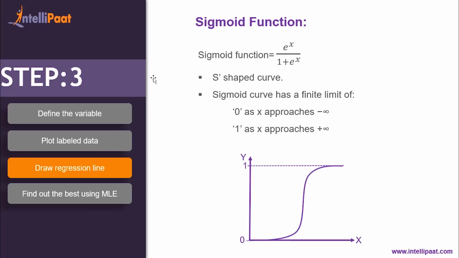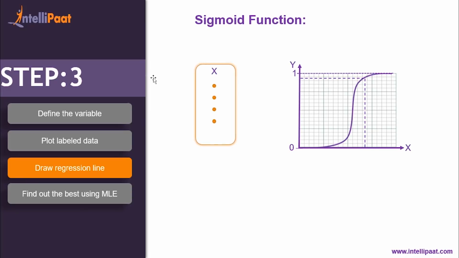Let's try to understand how the logistic function works with the help of an example. Let's say we have a set of unspecified data and on this data we need to apply a sigmoid function. So we plot this data and find the respective y for these points.